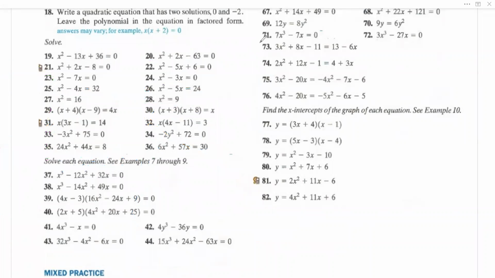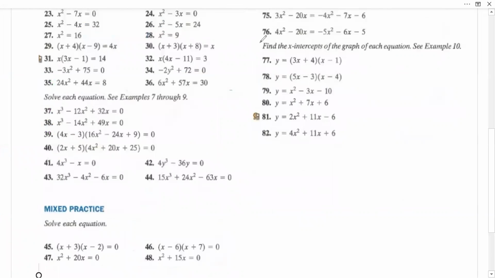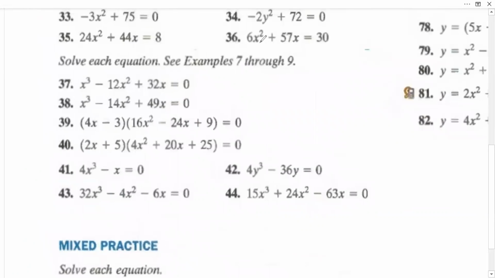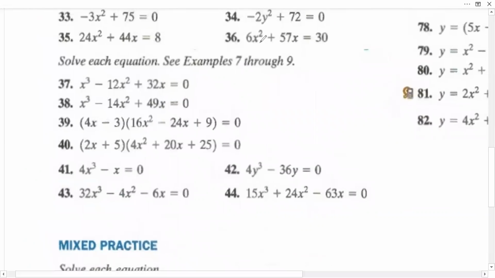All right, let's go to the 37. This part. Let me zoom in a little bit. All right, let's see 37. Firstly, we need to factor this part, right? So take the x out, x is the common factor. The rest would be x squared minus 12x plus 32 equals 0, right?